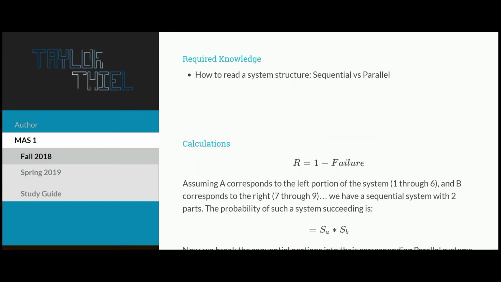Sequential versus parallel, and in other videos we'll talk about minimum path sets and minimum cut sets. All you need to know is what those terms mean, and then you can reason through the mathematics on the fly. I wouldn't worry too much about memorizing all those notations. If you understand what the terms mean, reliability theory questions are pretty straightforward.